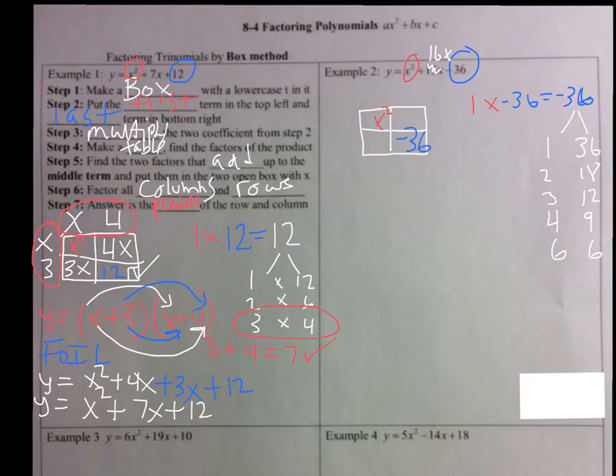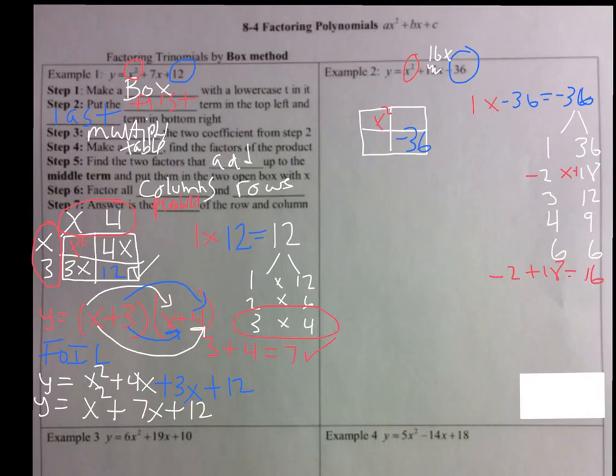So if you look at it, the only pair that will multiply to give us negative 36 and add to give us a positive 16 would be 2 and 18, because negative 2 times a positive 18 gives us a negative 36, and negative 2 plus 18 gives us a positive 16.